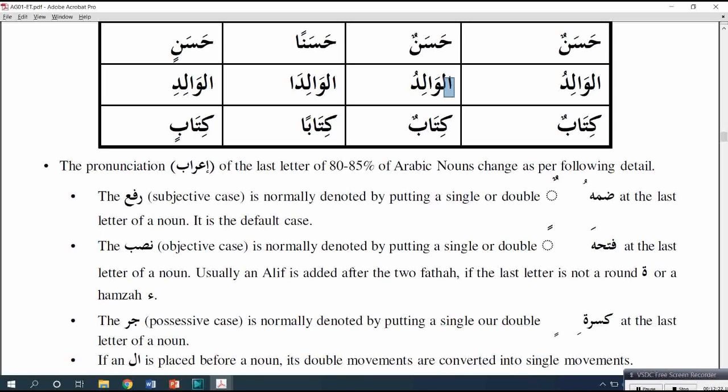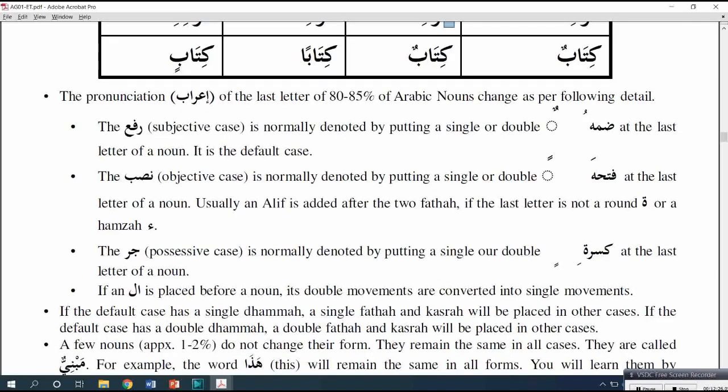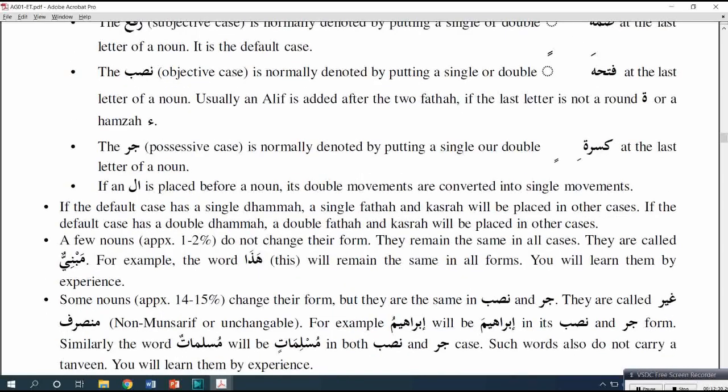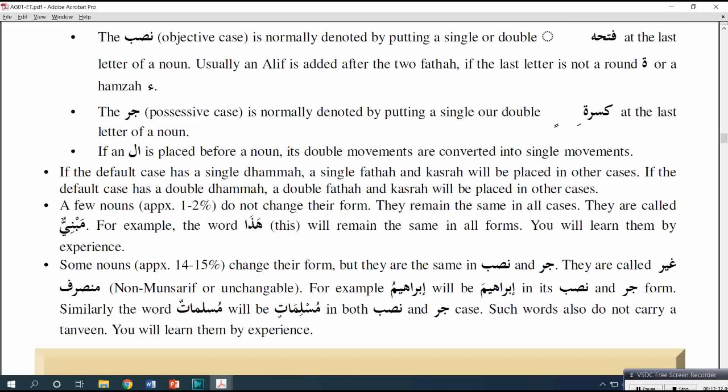If the default case has a single dhamma, a single fath or kasara will be placed in other cases. If the default case has double dhamma, a double fath or kasara will be used. If by default it is single, then you will always use single.